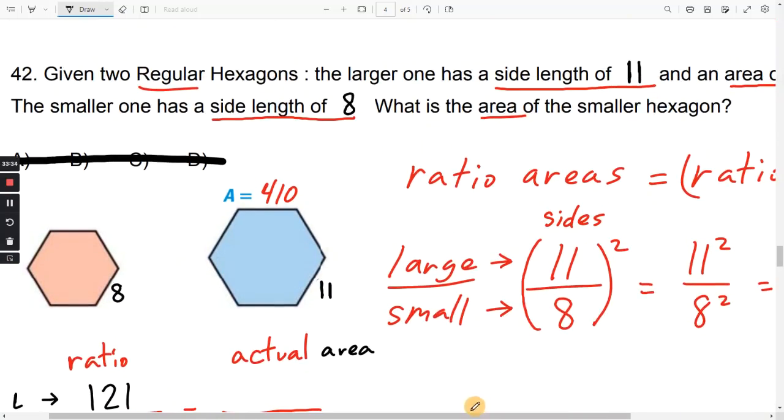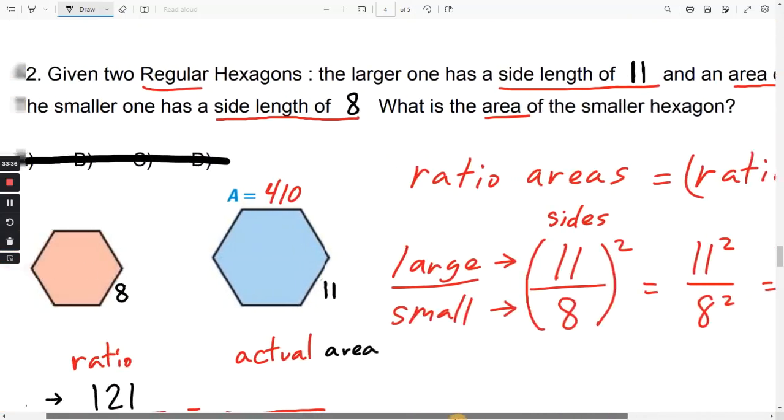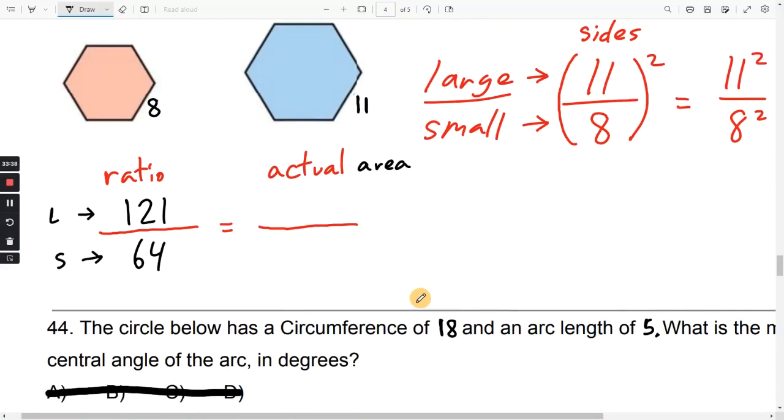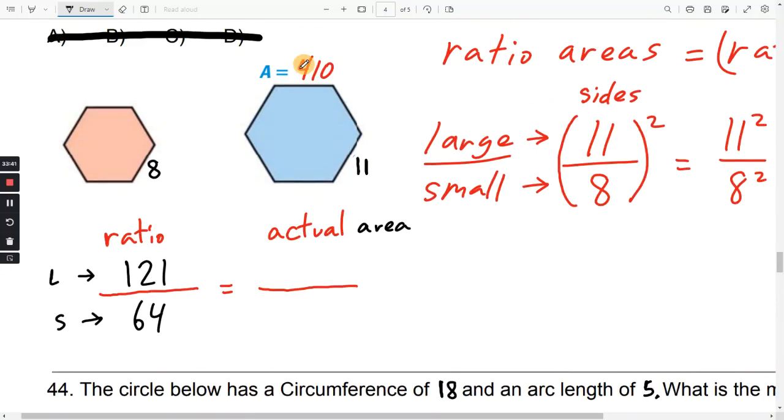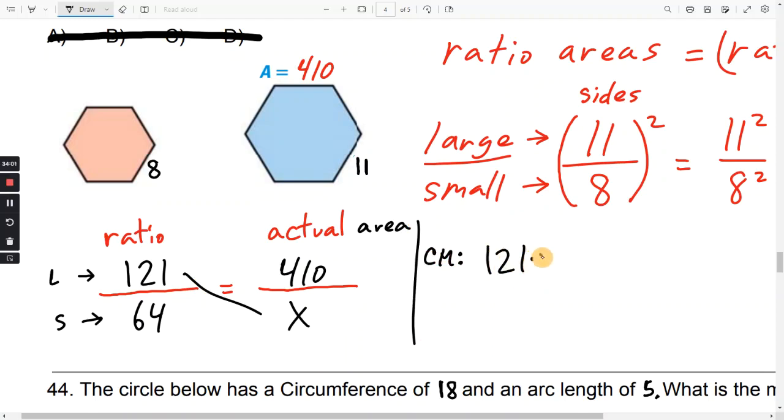Alright, it was in the write-up in the problem. So, the larger area goes in the numerator right here. That's 410. The smaller one we don't know, so we'll just call it x. And now we're in business. We can cross multiply. Top times bottom is 121 times x. Bottom times top is 64 times 410.